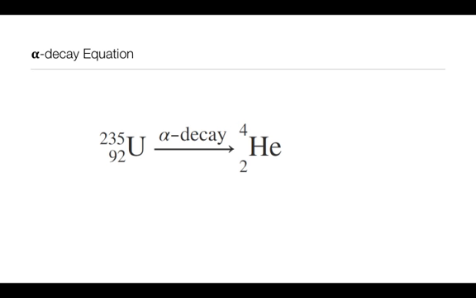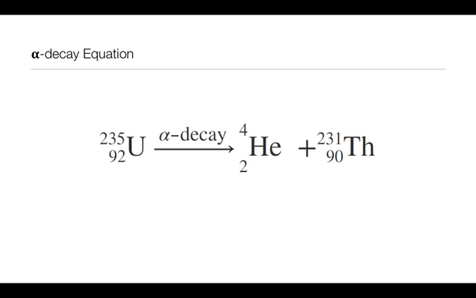Based on the previous statement, we have to make sure that all of these numbers add up. The other product, what's left behind after the helium nucleus is ejected from the uranium nucleus, is thorium with a mass number of 231 and an atomic number of 90.